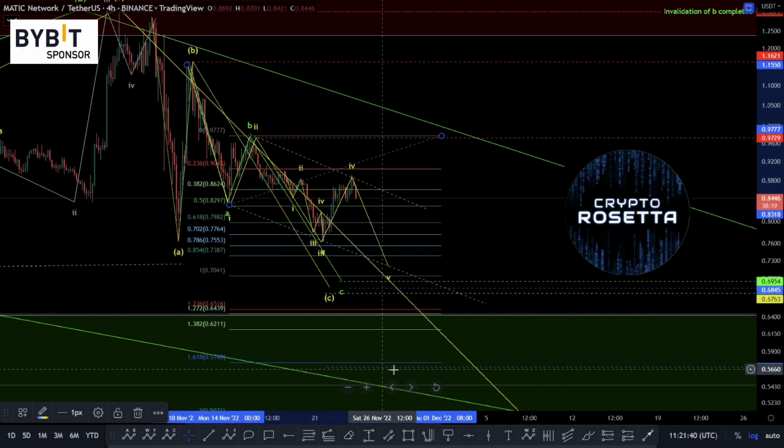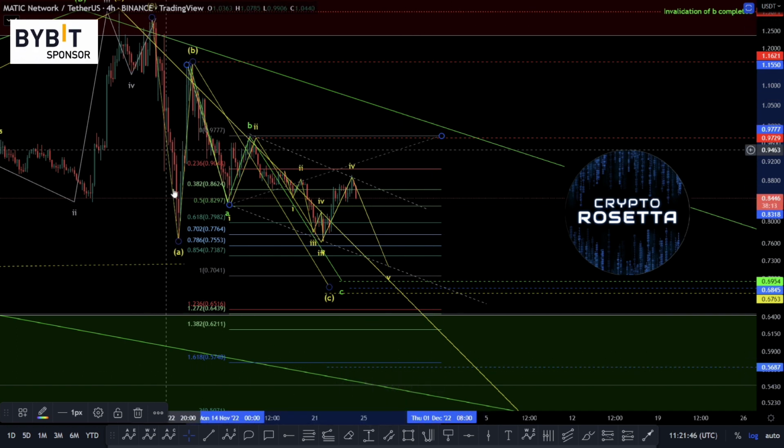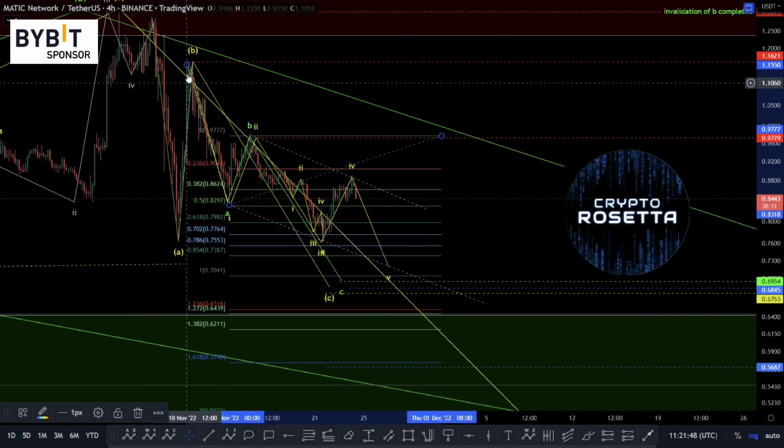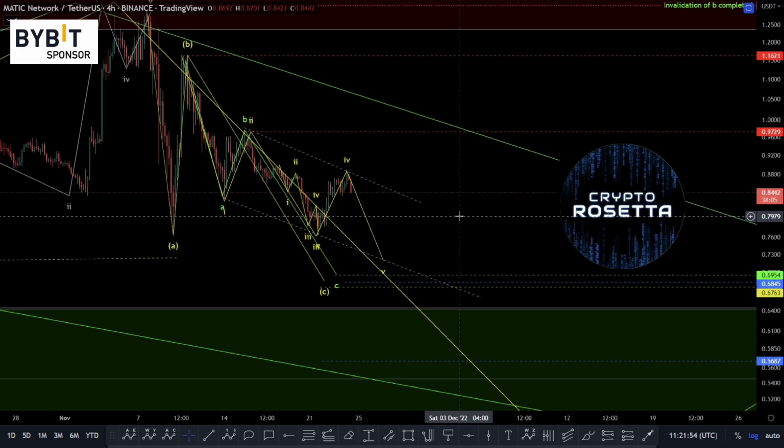So if we fall down into this zone here, I would then be looking at us within a wave 3, and effectively this would be your wave 1, 2, and then we would be making our way down in a wave 3. So if that's the case, we'd be looking for much lower down. There's a few options still at play, so we need to see how they react up till that point.